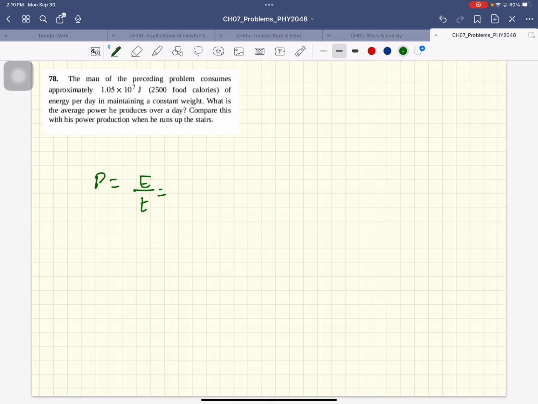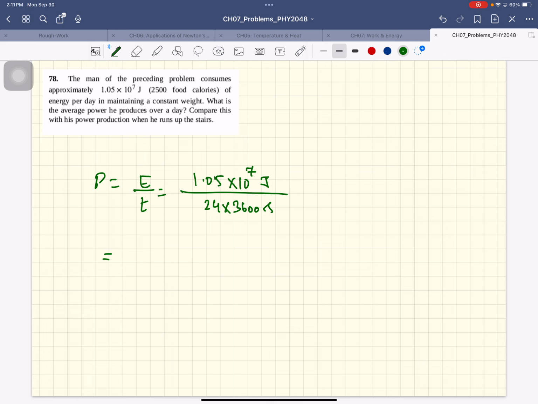And we saw this in a table. Okay, so your energy consumption is in one day over a period of 1 day, 24 hours into 3,600 seconds. So this is how much energy you're consuming.